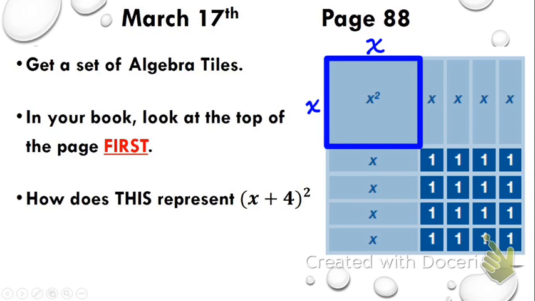I'm going to look at the ones next. I've got how many of them? 4. Yeah, it makes its own little square here, right? 4 across here, and 4 when I look up and down.